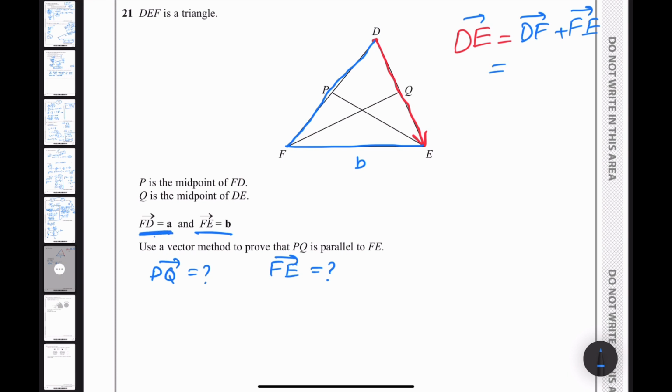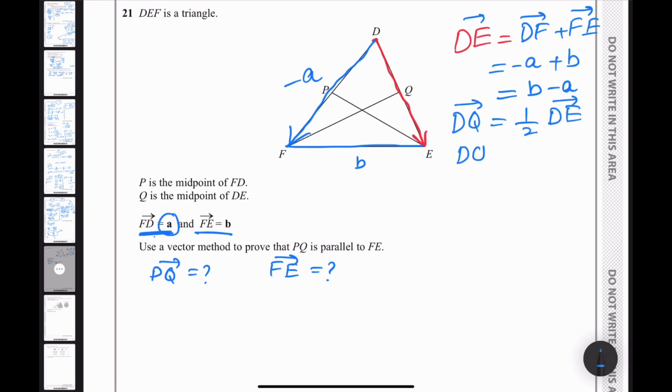When we go opposite to a vector, the sign changes. If a vector is positive, it becomes negative, and if negative, it turns positive. So it will be negative A, and over here plus B. So it will be B minus A. That is DE.